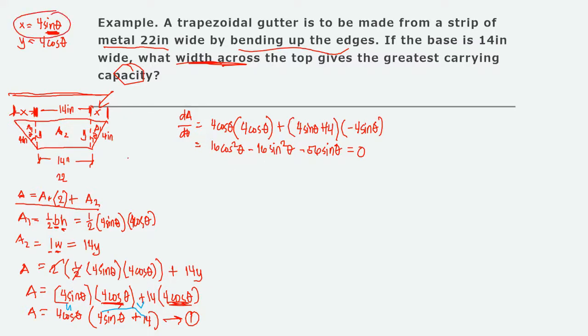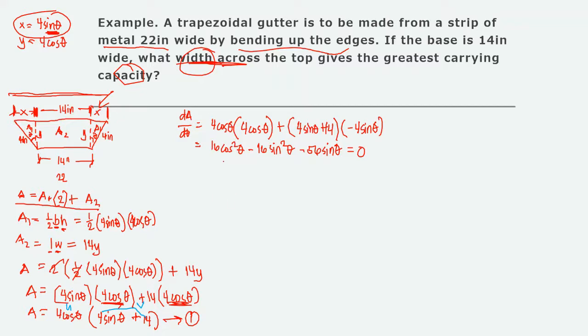So we can find the x. And if we already find the x, then we can already find the width across the top. So from here, we need to change the trigonometric functions in our equation into sine theta so that we can find the equivalent of the sine theta.